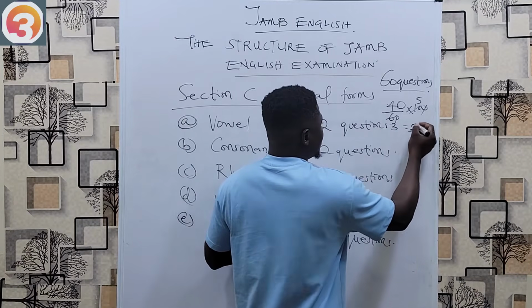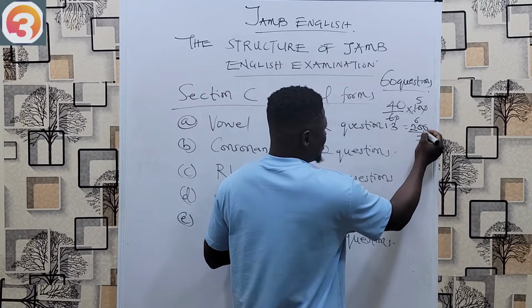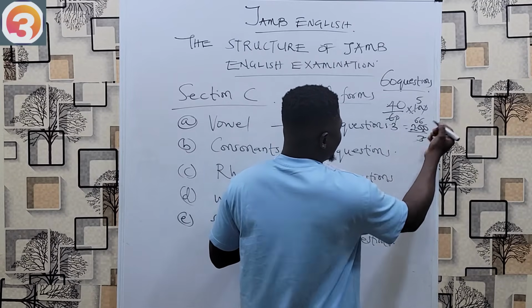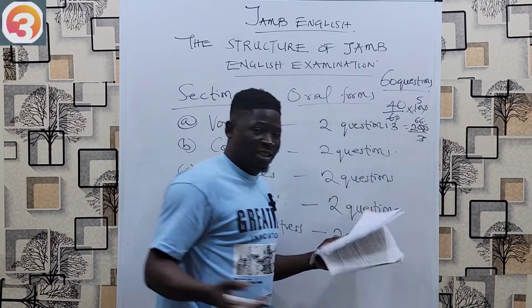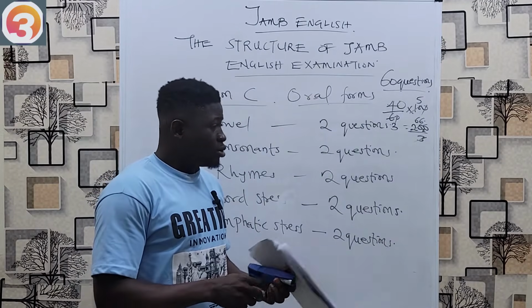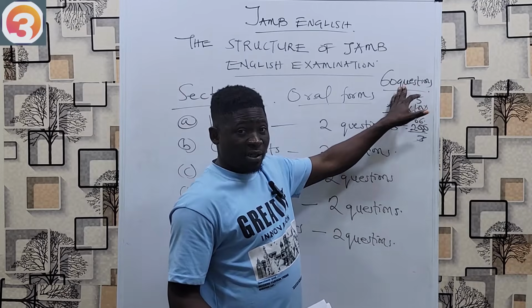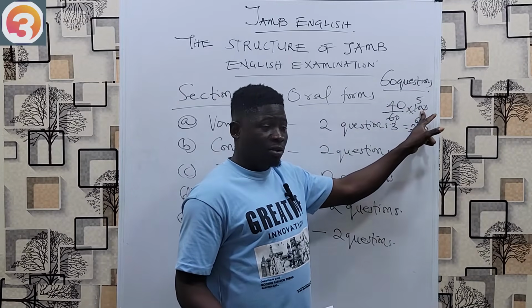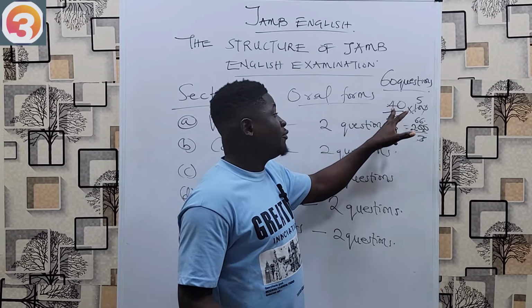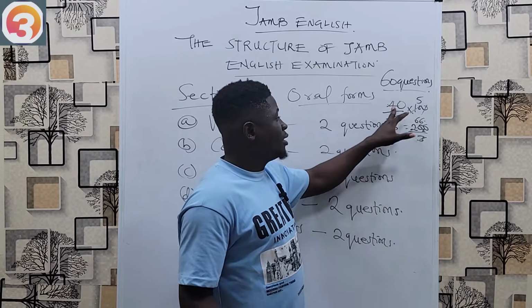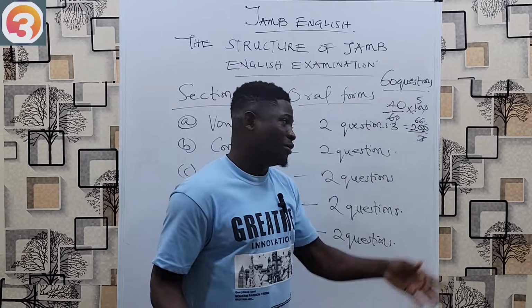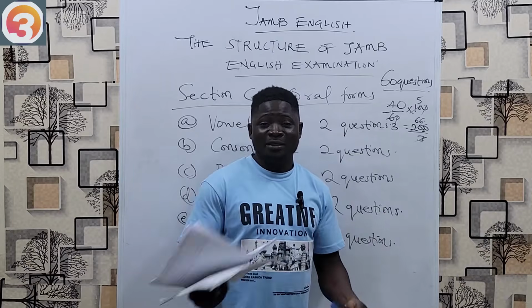If you divide, 3 can go into 6, divide that, 2. So I'm going to have like 66 marks in English. If you get 40 correctly out of the 60, it is 40 divided by 60 times 100. You can press your calculator. Don't mind this nonsense I'm doing. I love mathematics, that's what I'm doing.